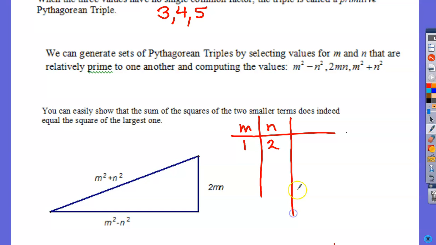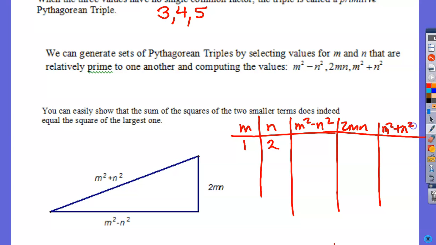Then the two legs of your triangle are m squared minus n squared, 2mn, and then m squared plus n squared. Now obviously, the way that I wrote it here, m would have to be the bigger number.